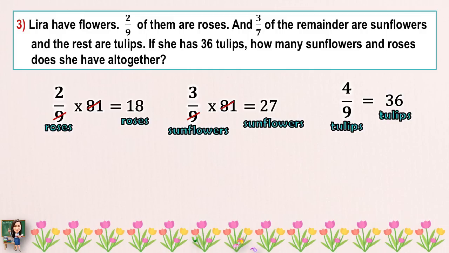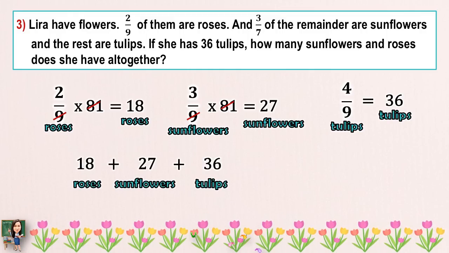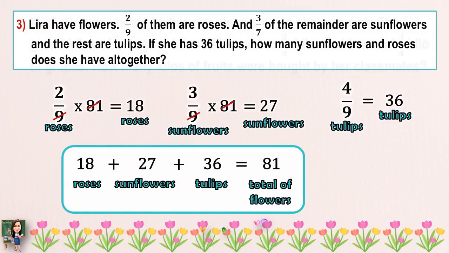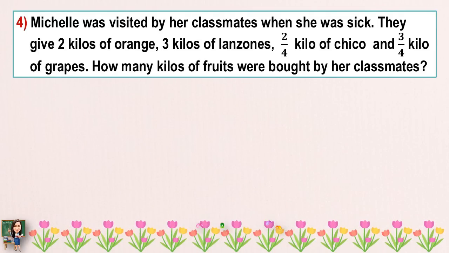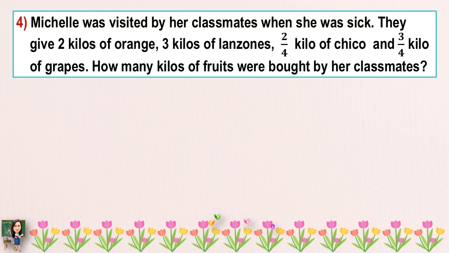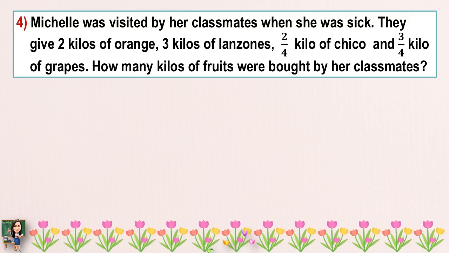Now add 18 roses plus 27 sunflowers plus 36 tulips equals 81 total flowers. Number 4. Michelle was visited by her classmates when she was sick. They gave 2 kilos of orange, 3 kilos of lanzones, 2/4 kilo of chico, and 3/4 kilo of grapes.